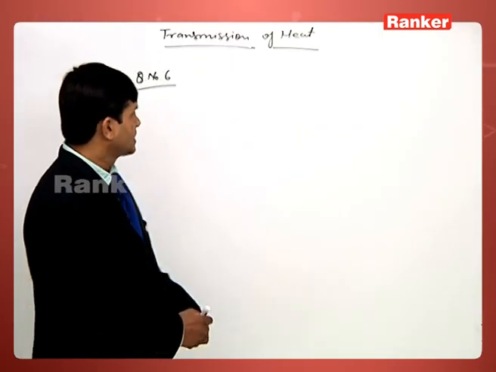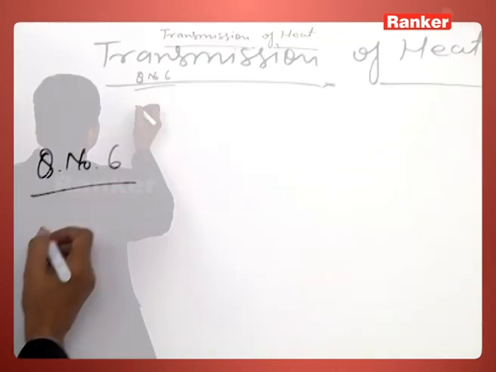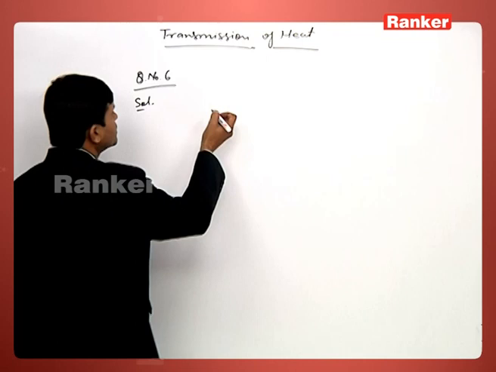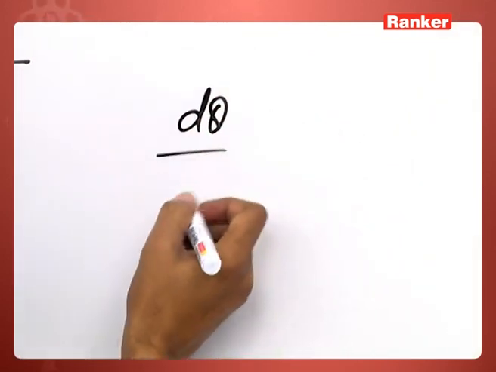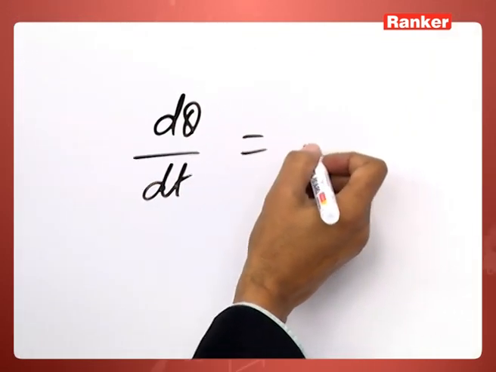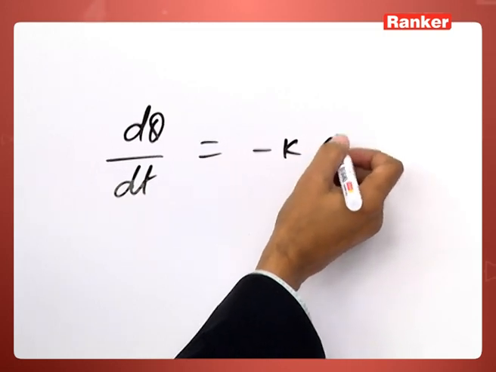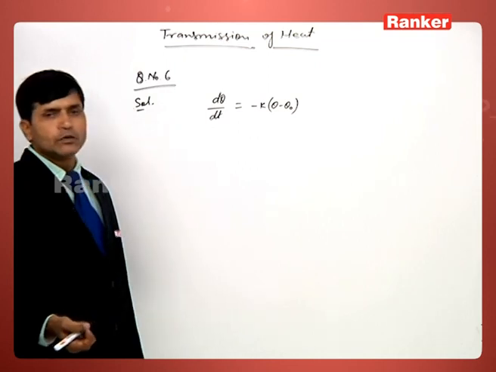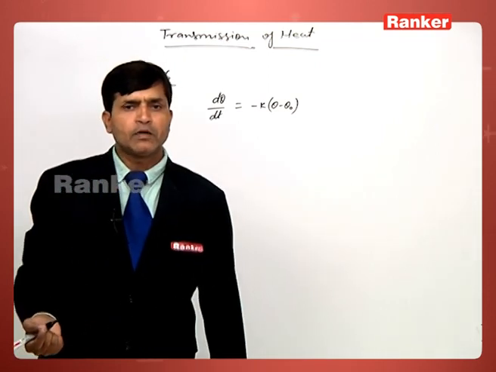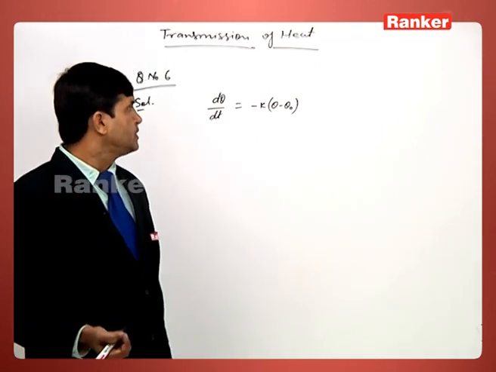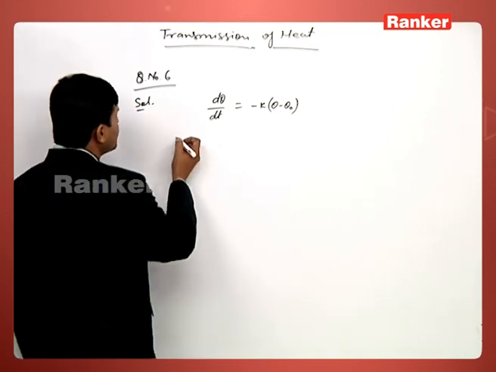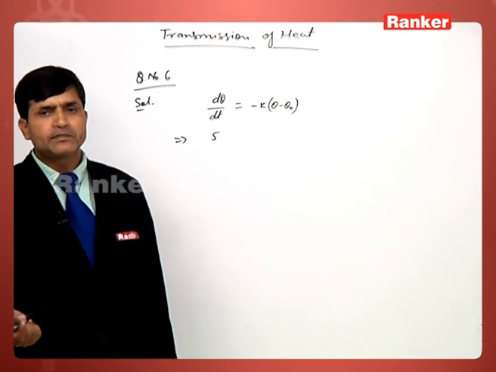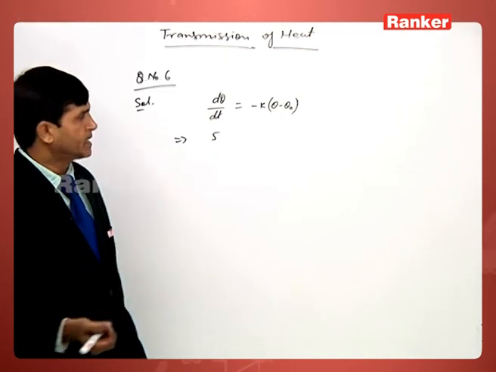Now see, according to Newton's law of cooling, d theta by dt is minus k (theta minus theta naught). So initially they are saying the body cools from 85 to 80, that means 5 degree, in the time of 10 minute.